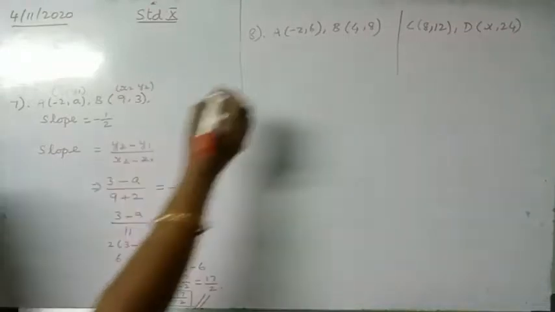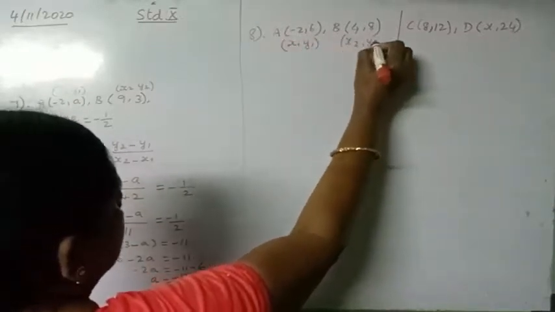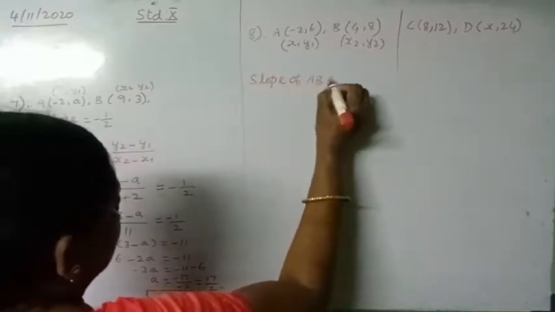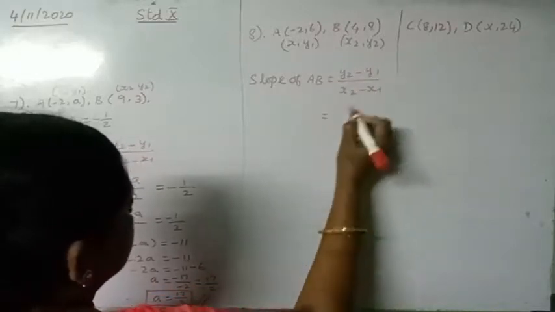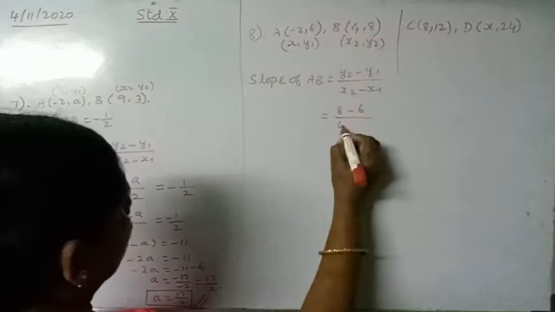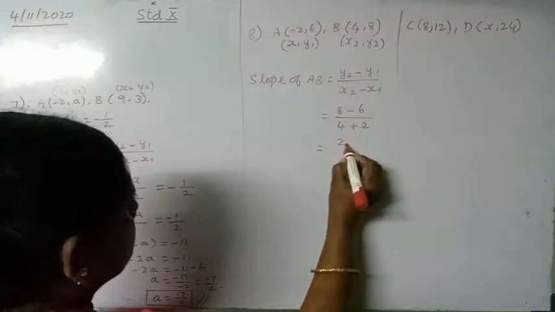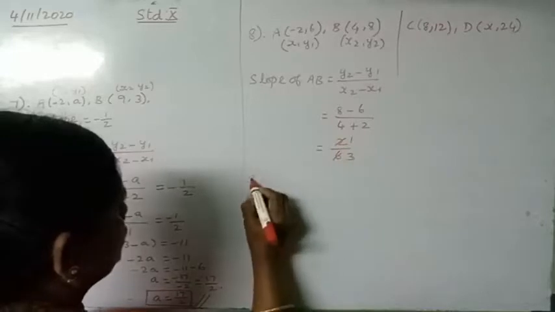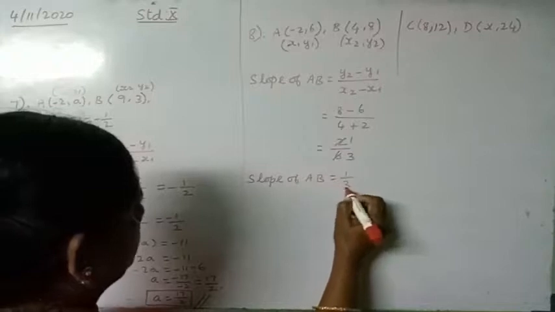So first find the slope of AB. Say x1, y1, x2, y2. So slope of AB is equal to y2 minus y1 by x2 minus x1 is equal to y2 is 8 minus y1 is 6 by x2 is 4 minus x1 is minus 2, plus 2. So 8 minus 6 is 2, 4 plus 2 is 6. 2 ones are 2, 2 threes are 6, cancel. So slope of AB is equal to 1 by 3.